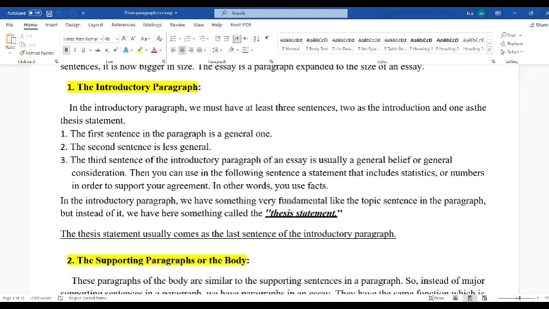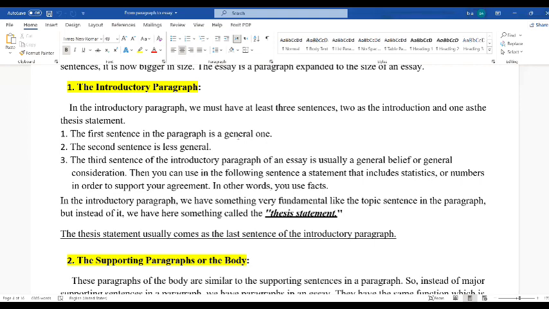So as we talked about the introductory paragraph, we have three sentences. The first one is the more general sentence. The second sentence is less general.